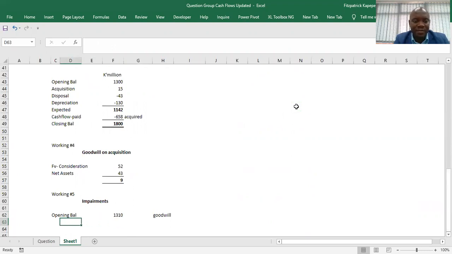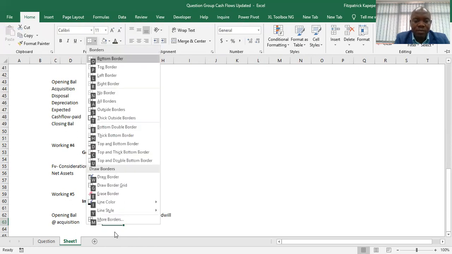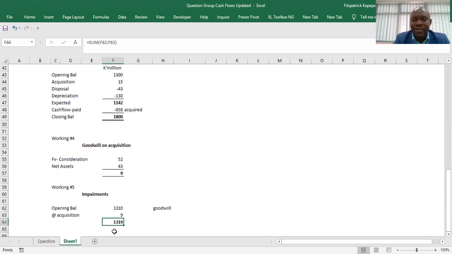Then additions, at acquisition. So we had that 9. So we expect the goodwill to increase to this value, 1319.